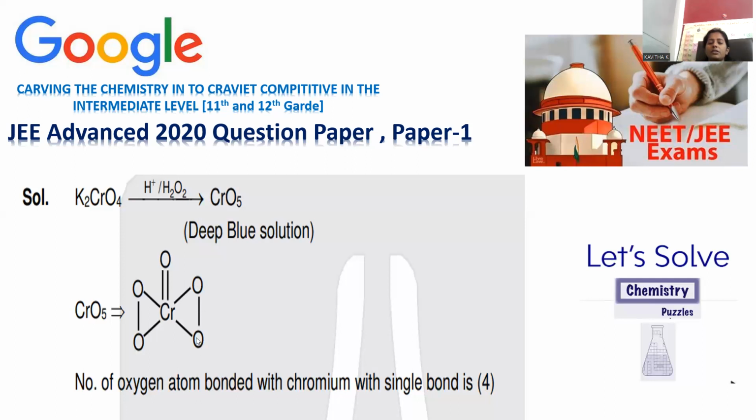The 4 peroxy oxygens contribute -4 in total, and the carbonyl oxygen is -2, so -6 total. Chromium is therefore +6 to balance neutrality. If the geometry is known, only then can the proper oxidation state be assigned. Otherwise we would expect +10, which is not possible practically.